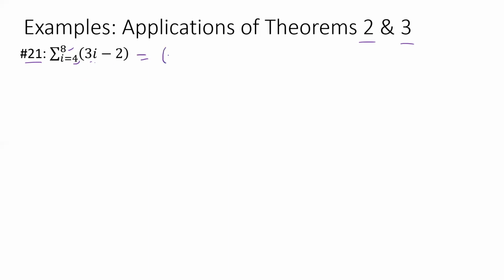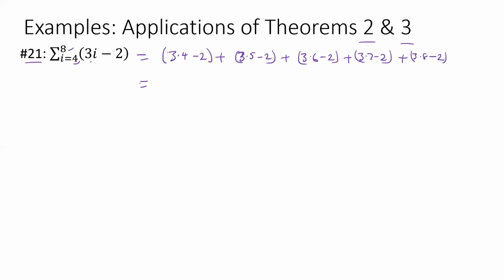I have the first one will be 3 times 4 minus 2. That is the first term. When i goes to the next number, which is 5, it will be 3 times 5 minus 2. Then plus 3 times 6 minus 2, plus 3 times 7 minus 2, then finally 3 times 8 minus 2.